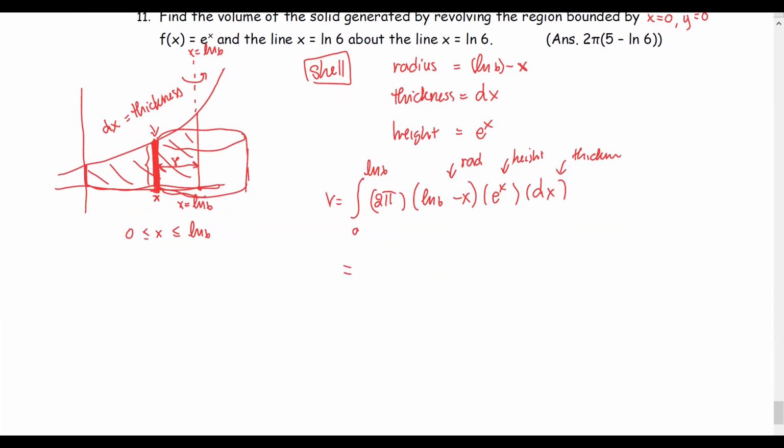Simplify the term, so we get 2 pi integral from 0 to natural log 6 of natural log 6 minus x times e to the x with respect to x.